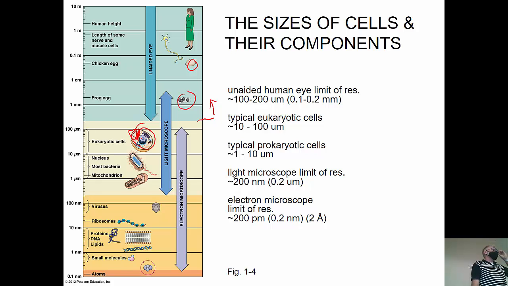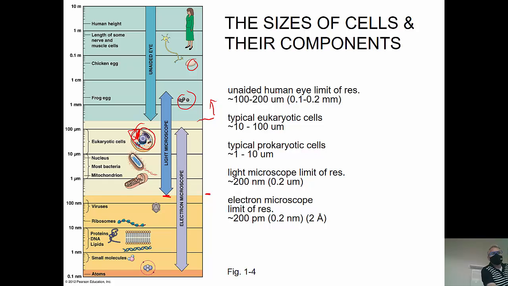And so in order to see these, we need to utilize some form of microscopy. And if we use light microscopy, we can see down to approximately 200 nanometers or so. So that's 1,000-fold better than the naked eye. Something I need to point out: you should be familiar with the terminology micro, milli, nano, and you should know how to convert between the two.